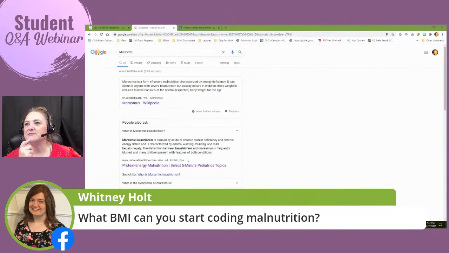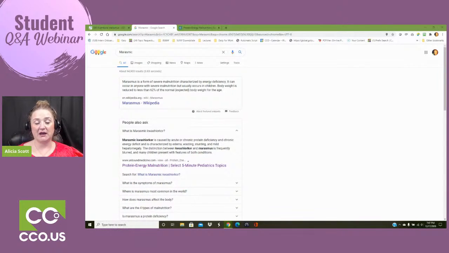Whitney said, what BMI can you start coding malnutrition? I believe it is 18.5 or anything below 19 is the way I've been educating my providers. Anything below 19. Now, it is not assumed. You cannot state that the patient has a BMI of 18.5, therefore they suffer from malnutrition. That is not accurate.